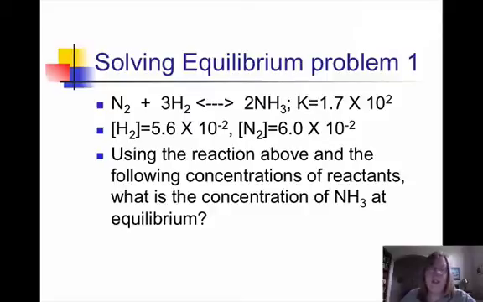Now, one thing that should have been specified in this problem is that these values here are at equilibrium. So the concentration of the hydrogen and the nitrogen at equilibrium are given to you, and they would like to know the concentration of ammonia at equilibrium. So what I suggest is that first of all, you set up a K expression.